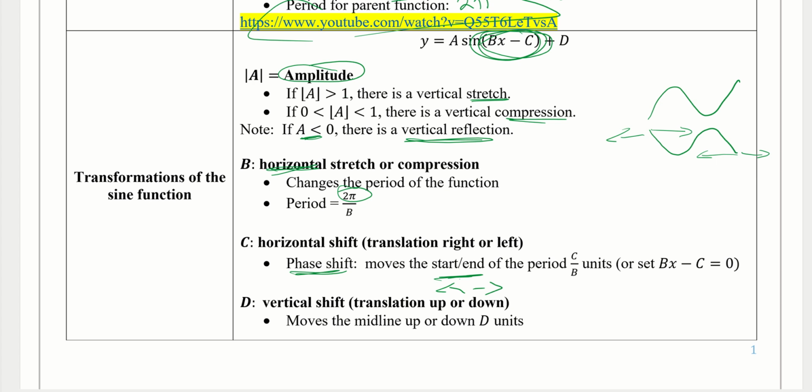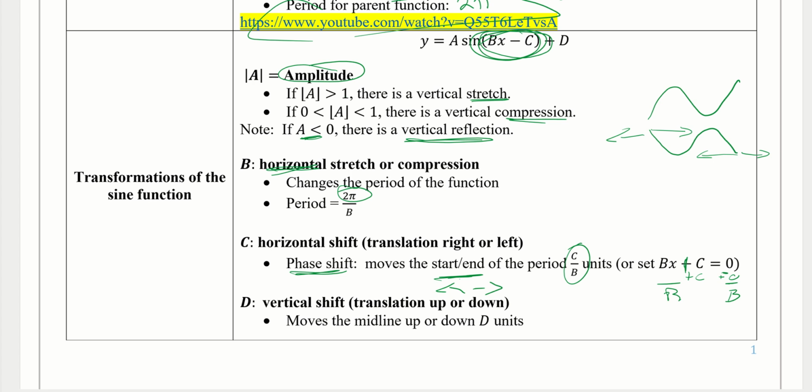And you'll notice we're going to add over the C, and then we end up dividing by B. That's why it comes out to be C over B. Just be careful with that, because if there's a plus right here, then it would end up coming out to be negative C over B. So it's just solving that.